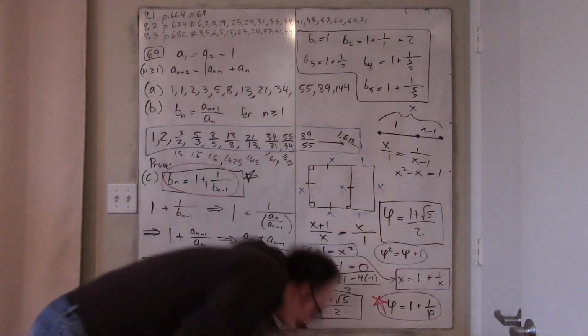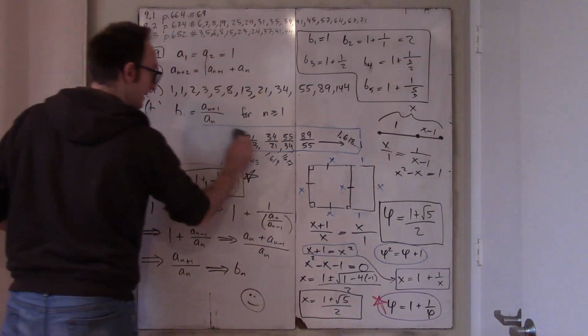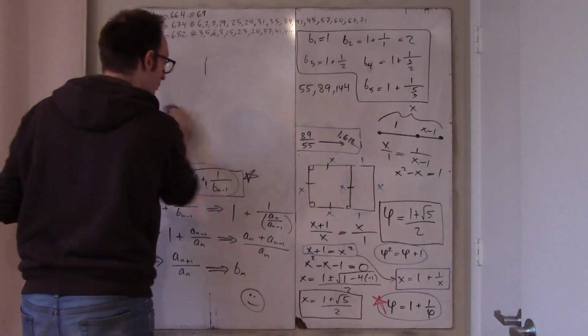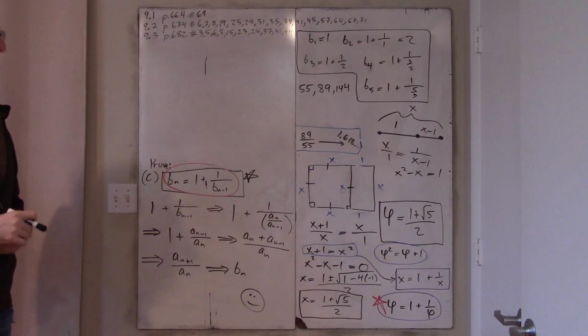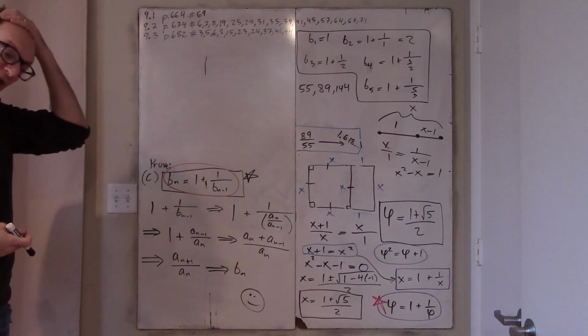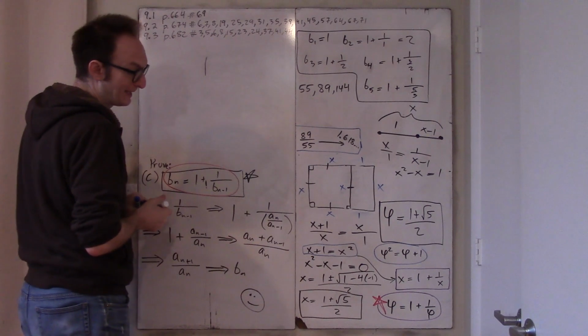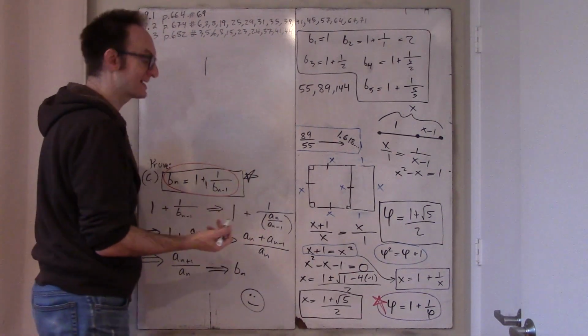Okay, and so let's now just clear a little space and wrap up this discussion. What one may do now is think of this sequence as being generated in a way where you reciprocate and add 1.